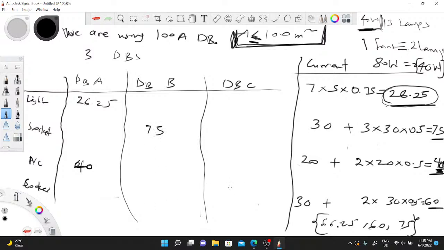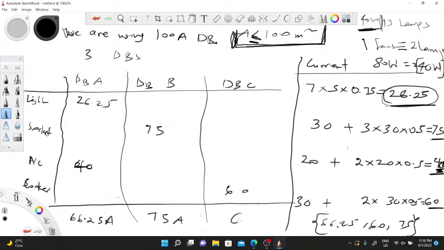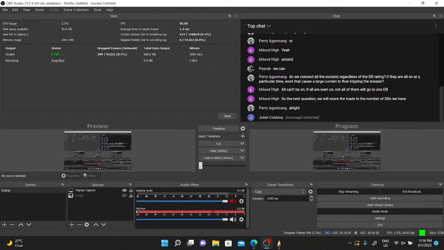Then I can connect the cooker to DBC. So DBA will get 66.25, DBB will get 75 amps, we are talking about current, and DBC will get 60 amps.